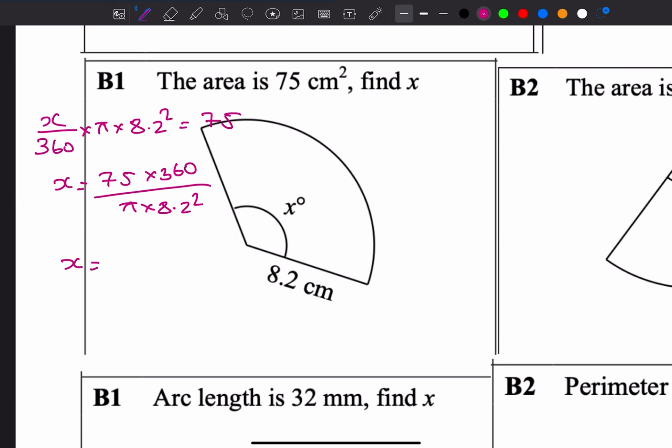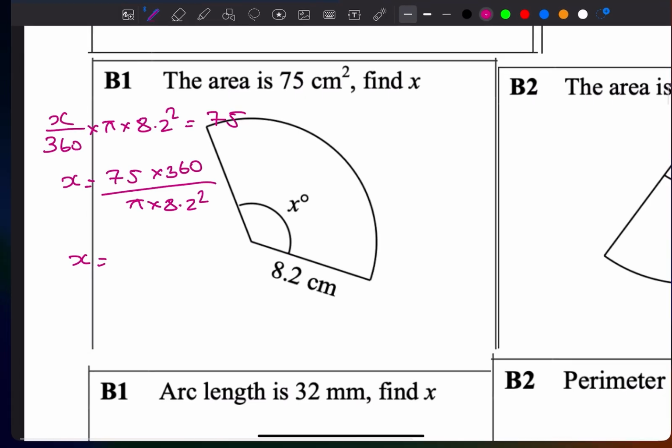So 75 times 360 over pi times 8.2 squared.